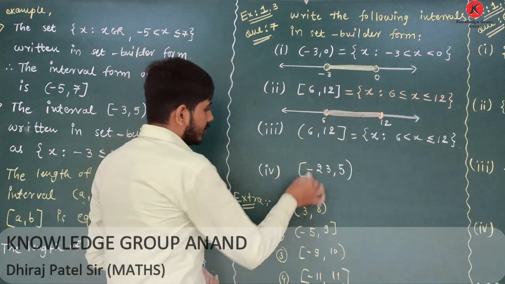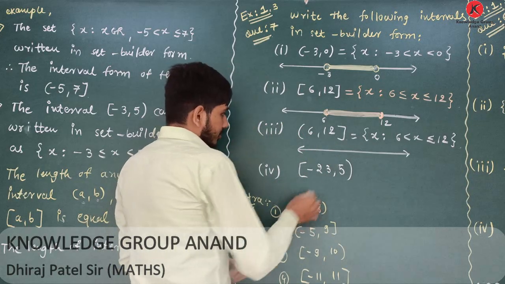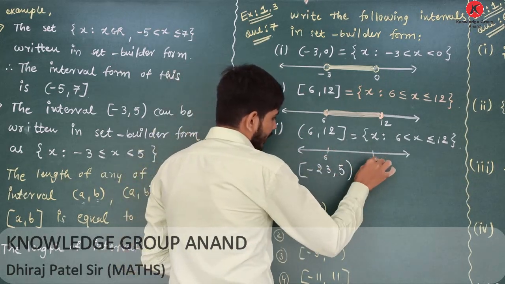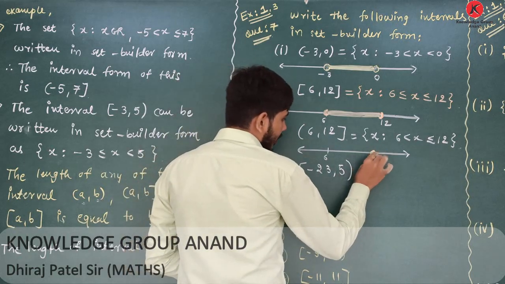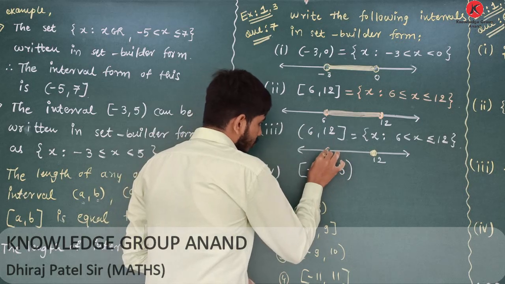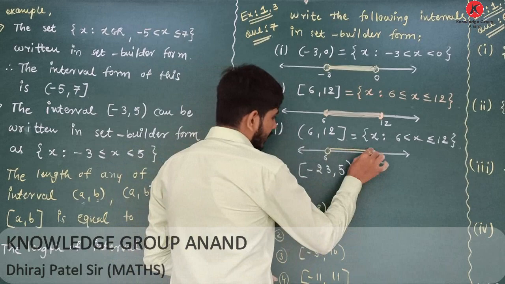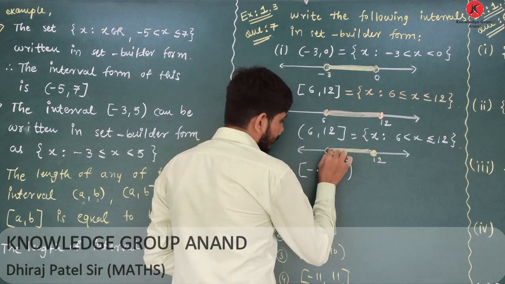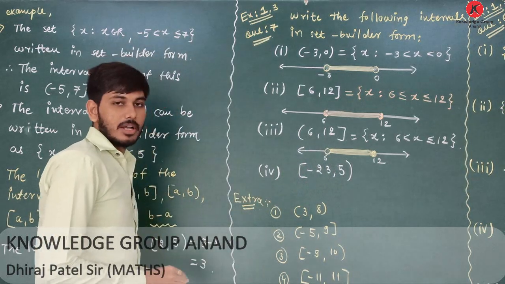On the number line we can represent it like this: 6 is there, 12 is here. We have to include 12. Therefore, dark circle on 12 and hollow circle on 6 and all the real numbers lie between them. Okay, this is the representation of this interval on the number line.